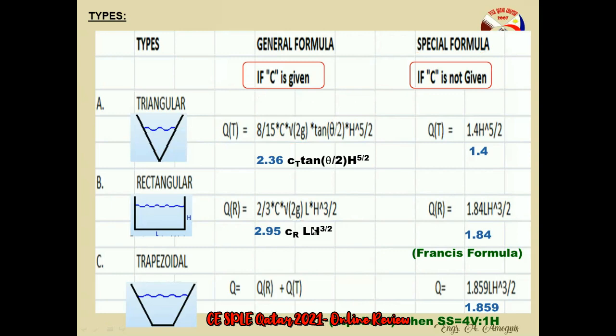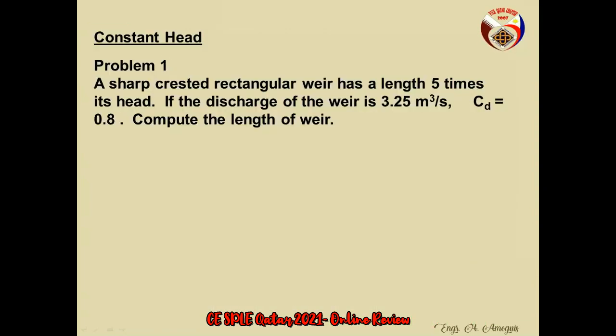Rectangular weir, 1N contraction, 2N: 0.1 or 0.2 of H ang correction.